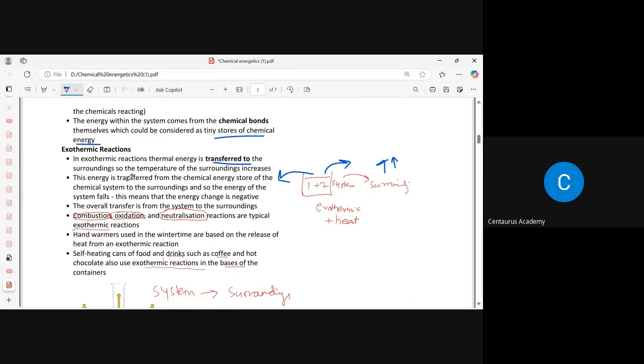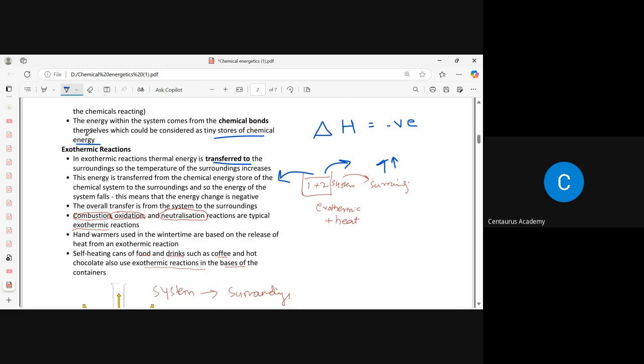This energy is then transferred from the chemical energy store of the chemical system to the surroundings, and so the energy of the system is going to fall. As a result, we say that the delta H or enthalpy change tends to be negative. Whenever there is exiting of heat energy, the overall enthalpy change tends to be negative.